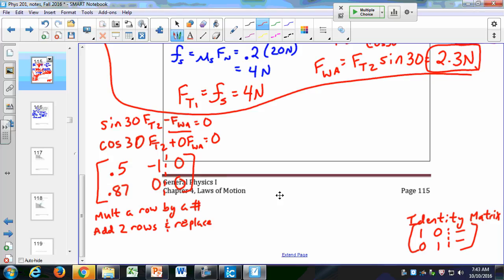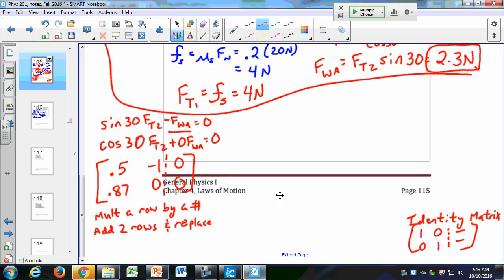So I can say, replace this row with the sum of this row plus this row. And that's really it. Those are really the only things that we'll do: I'll multiply or divide a row by a value, and then I can add two rows and replace it with another row. So let me show you how that works out here.